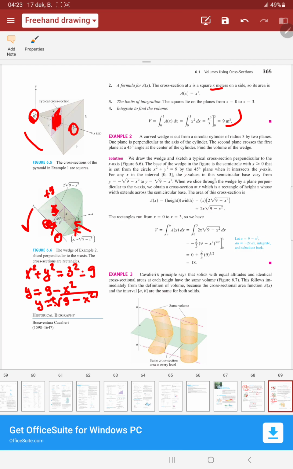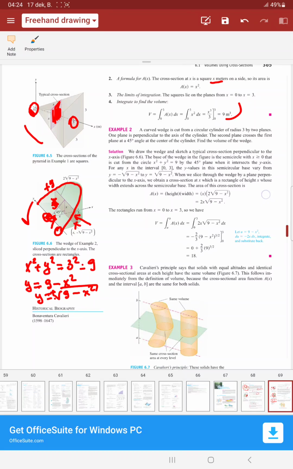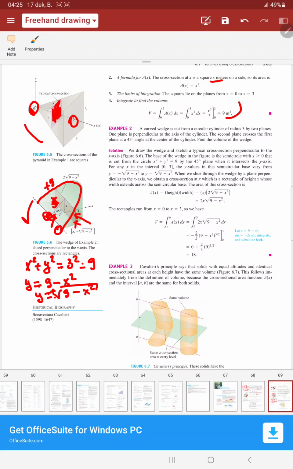Okay, and when we slice through the wedge by a plane perpendicular to the x-axis, we obtain a cross section at x, which is a rectangle of height x whose width extends across the semicircular base. Semicircular base is this one. We need the area of that cross section. So we'll take the area of this rectangle.